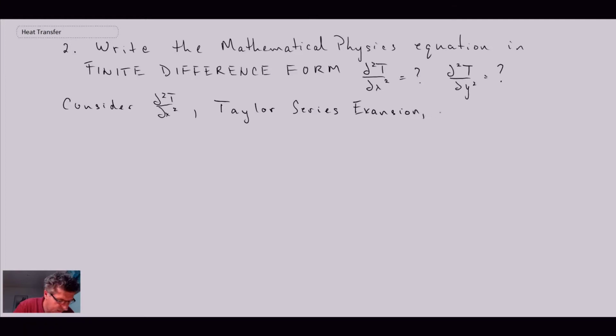We are going to do one expansion at x plus delta x and the other at x minus delta x. So let's take a look at what we get by doing that.